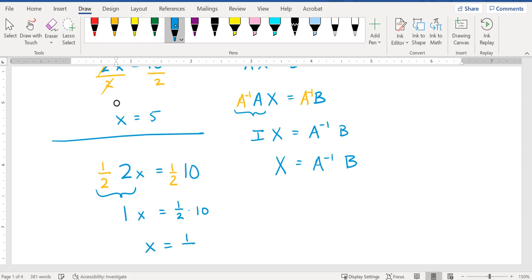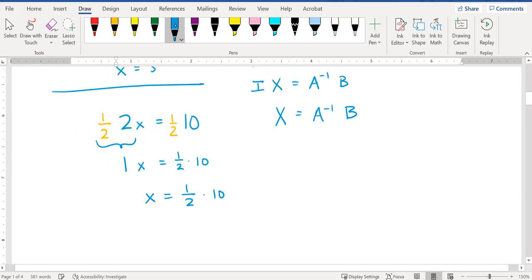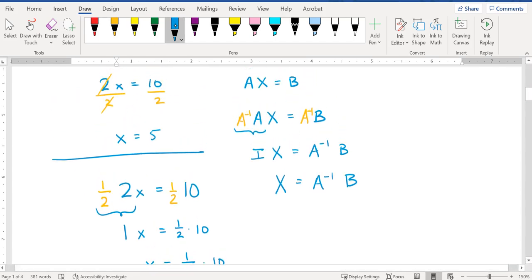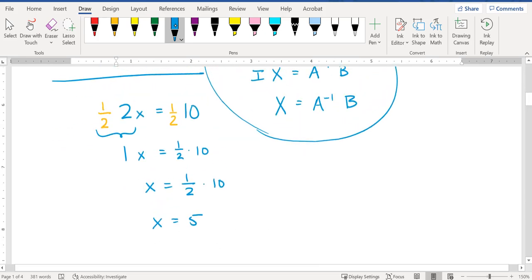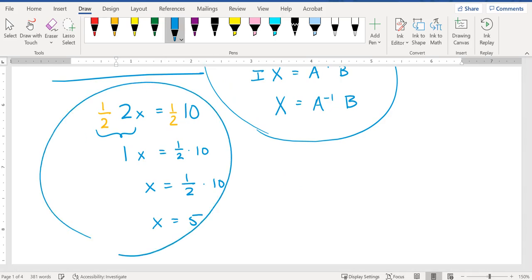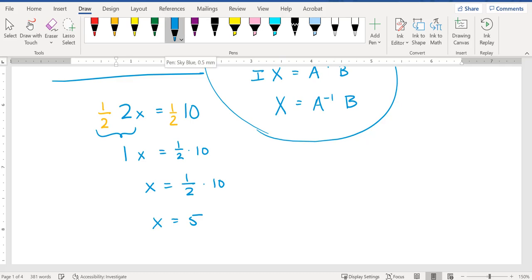So x equals 1/2 times 10. And we can do that arithmetic. 1/2 times 10 is 5. So we can think of solving a matrix equation just like we do a numerical equation, but we usually don't think this way. We usually think that we just divide both sides by 2.